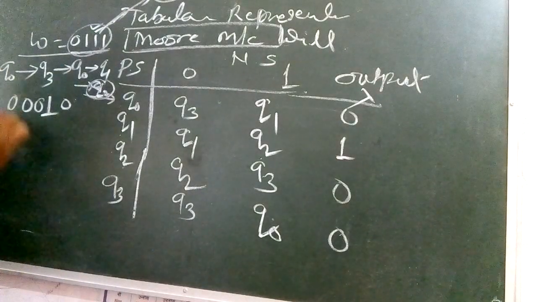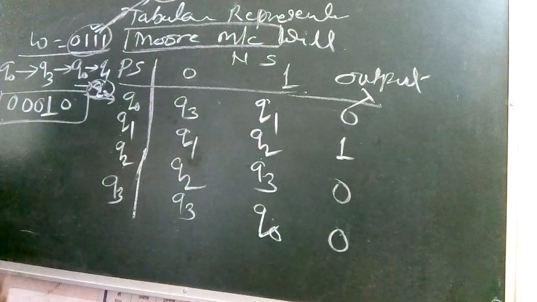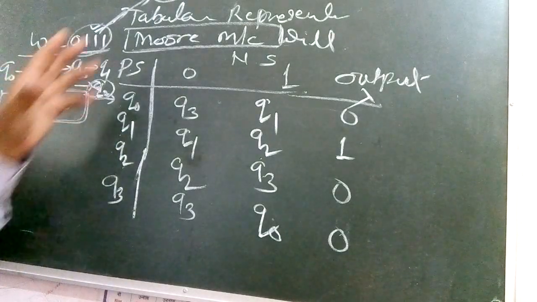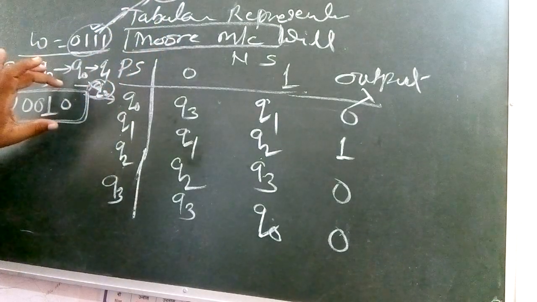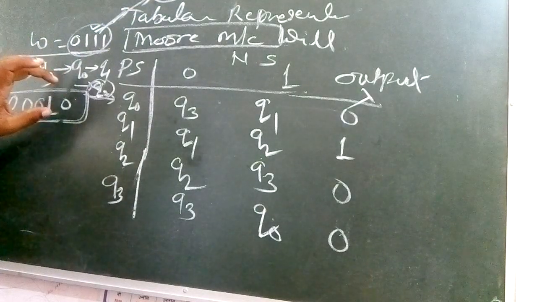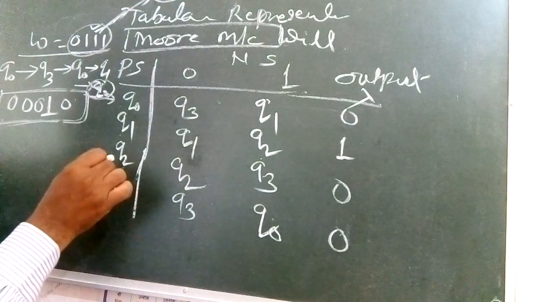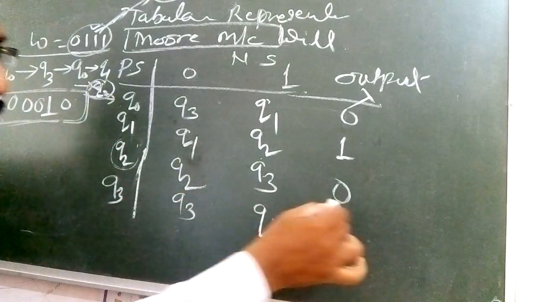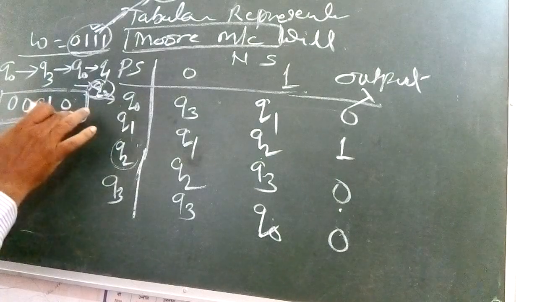That means it is an input independent machine, and for the null string also the machine's output will be 0, because Q2 is the last state and Q2's output is 0. So the machine will show the output 0.